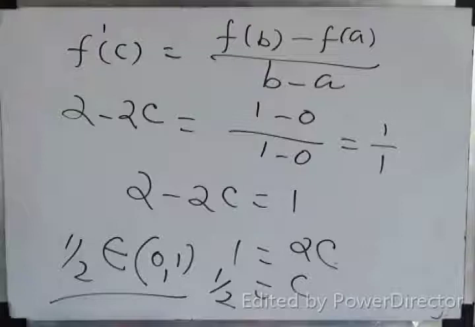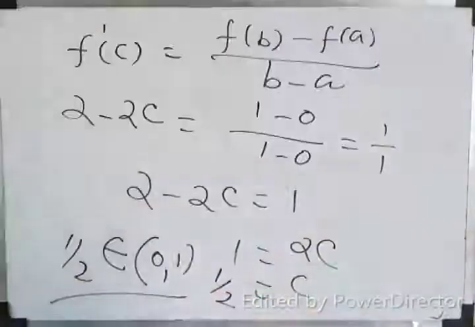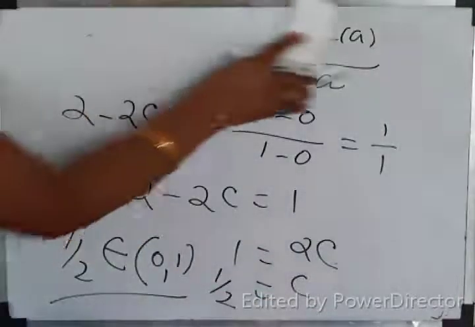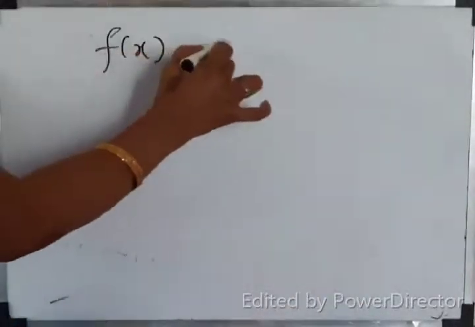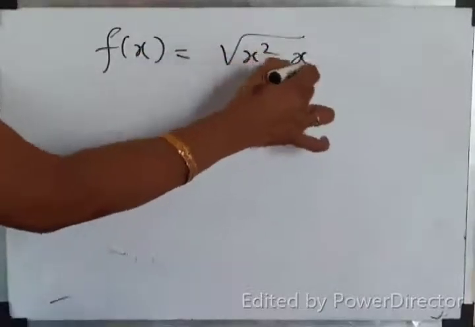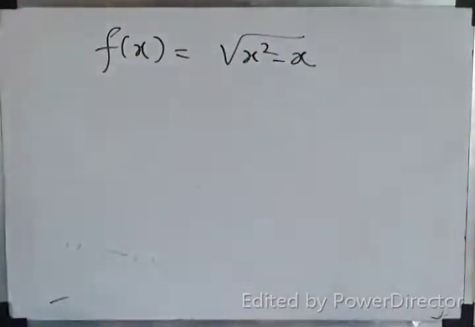Do you understand, children? Right. Okay, second sum for Lagrange's mean value theorem. F of x equal to root of x squared minus x. We did it; this sum we already did.